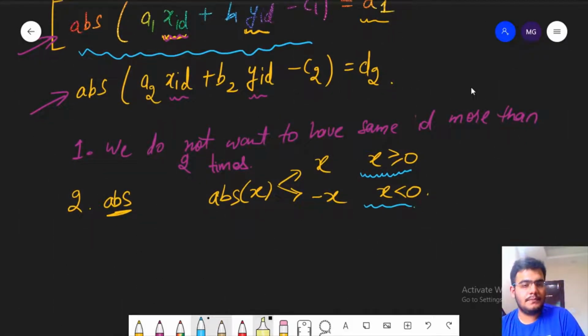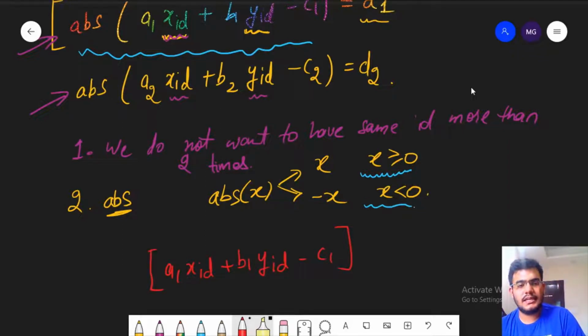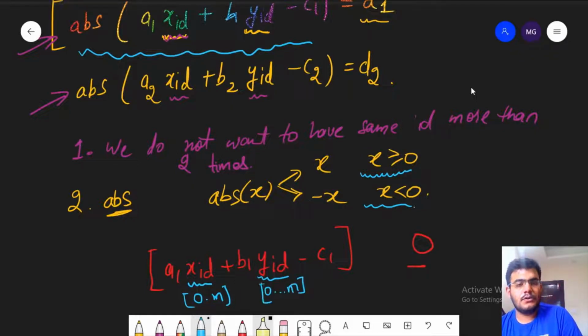So we have the term a1 xid plus b1 yid minus c1, and now we have to comment on its inequality with respect to 0. The range for xid will be from 0 to m, because it represents the x coordinate of a particular jump. Similarly, yid will also be in the range of 0 to m only. Now suppose you take a1 greater than or equal to 0.